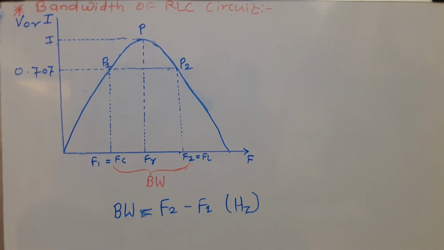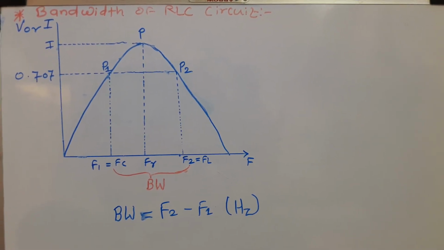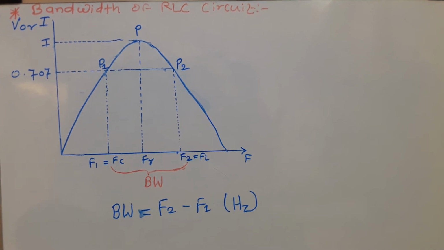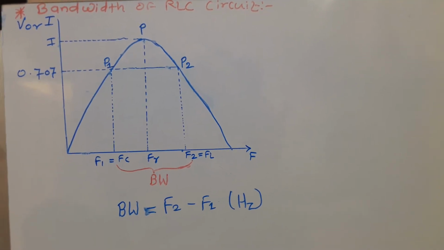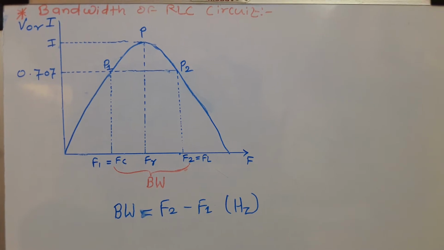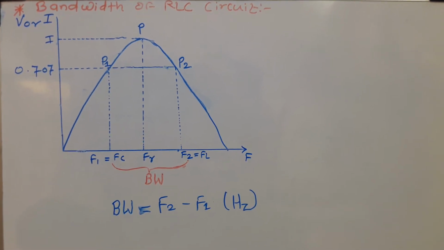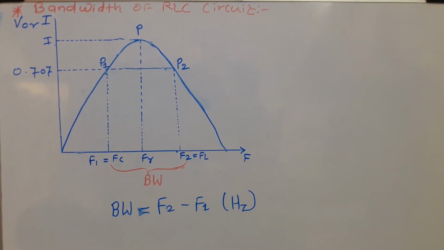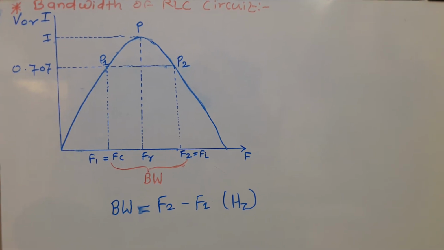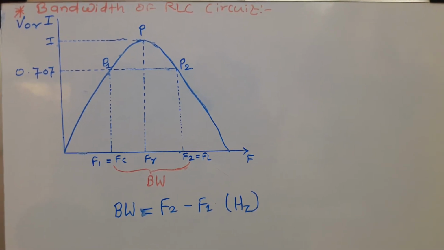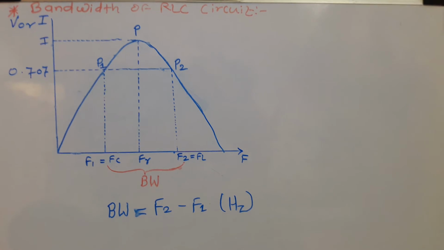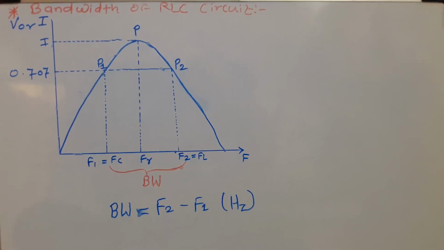We know there is an inverse relation between Z and I, that is impedance and current. So if current is reduced by √2 times, obviously impedance value will be increased by √2 times. So at points P1 and P2, the total impedance is √2 times R.